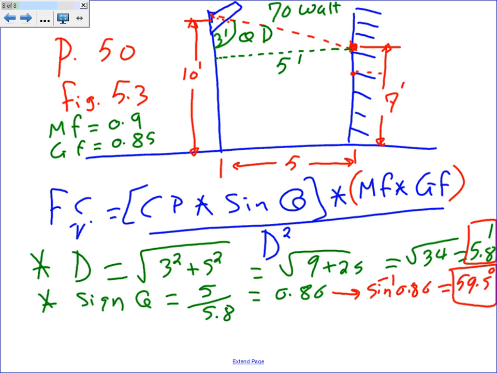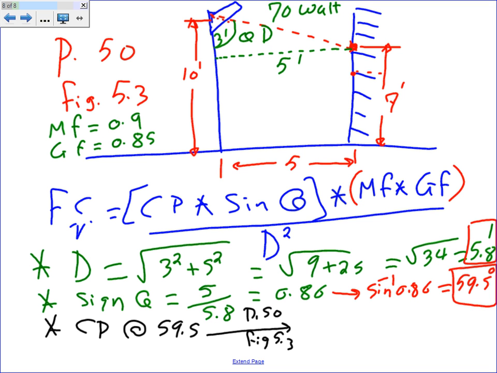The last thing, my friend, is go to the fig. We need to find the candela power. Candela power at what angle? The angle is 59.5. For this, you need to go to page 50, fig 5.3. And what would that give me? I don't have 59, so my options are 55 or 65.